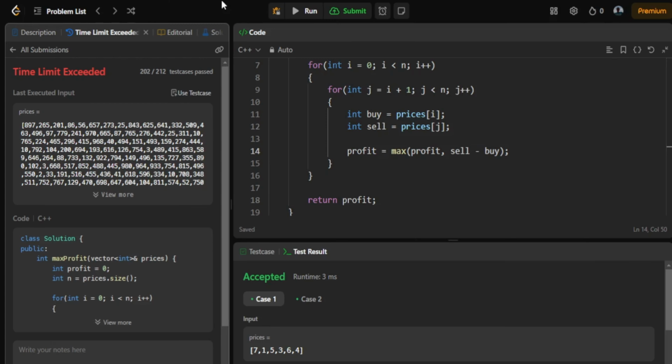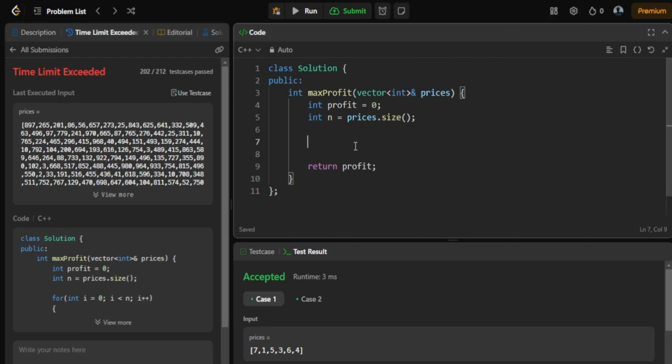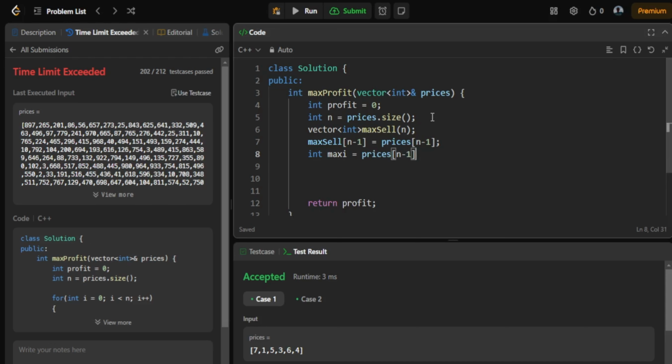Now let me just code it without wasting much time. Okay, so here we are. What do we need? We have this profit, we have the value of n, and we need a vector of int named max cell of size n. We will set max cell of n minus 1 equal to prices of n minus 1, correct? And we'll have int maxi equal to prices of n minus 1.